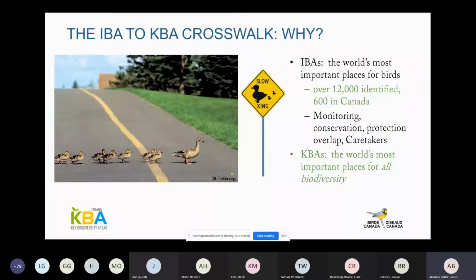So it was a natural foundation for the identification of many KBAs at once in Canada. We've also already done some work on biodiversity that exists in IBAs a few years ago. So we already knew that most of these IBAs hold more biodiversity than just birds and are important for the biodiversity that is there as well.